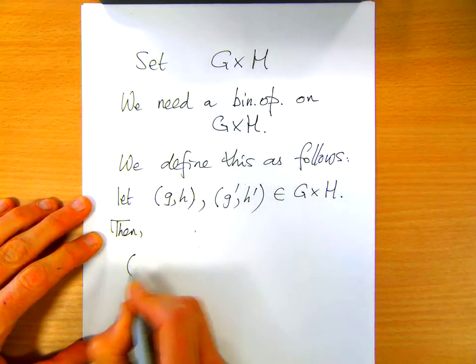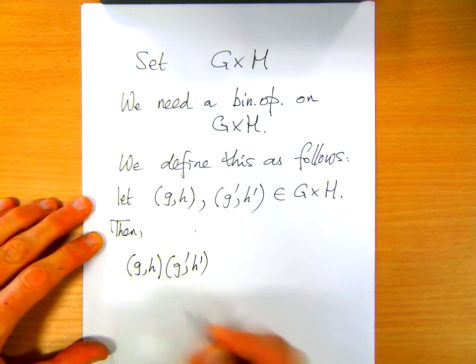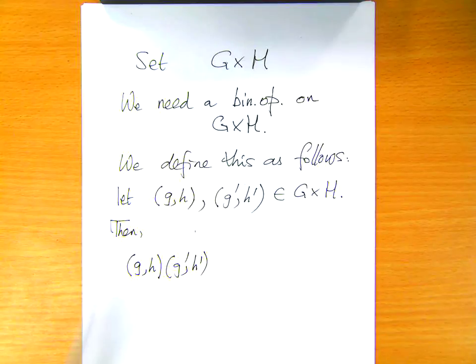So what I want to do is define (g, h)(g prime, h prime). So I'm juxtaposing these two things. I want to multiply these two ordered pairs together. I'm not bothering putting a star or anything in between them. I'm just using juxtaposition now. So juxtaposition is being abused because juxtaposition is going to be used to mean three different binary operations.